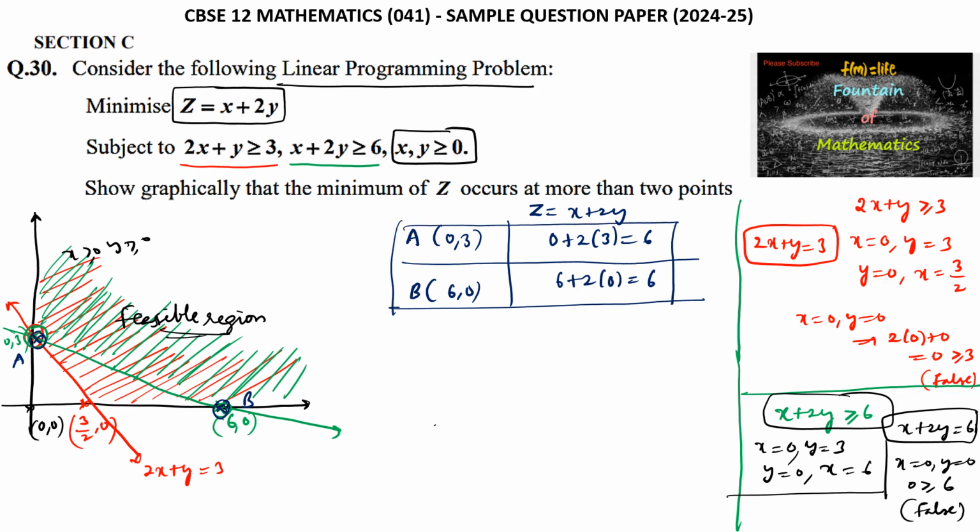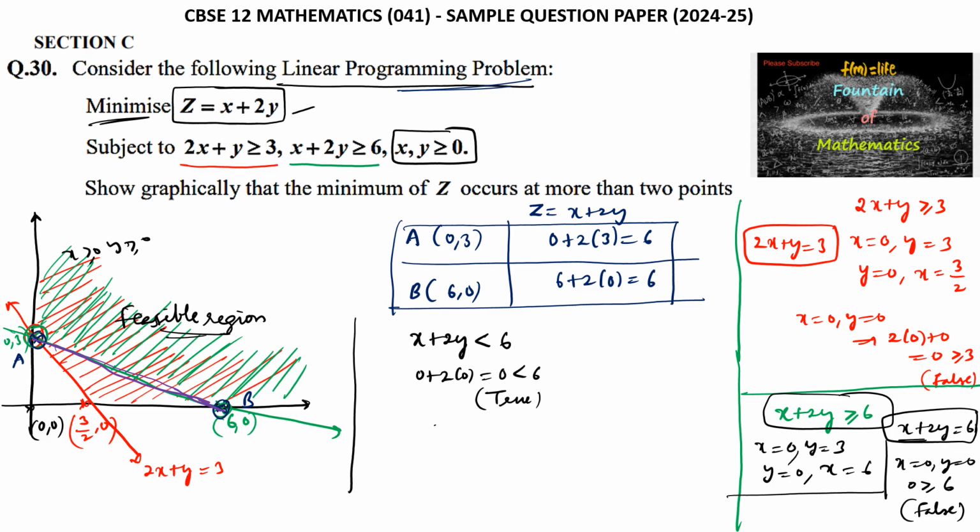Also, now we need to decide whether this linear programming problem, LPP, has the minimum value or not. By taking the inequality from the profit function, that is x plus 2y, since we require minimum, we take less than 6. x plus 2y less than 6, which is our second line equation. x plus 2y is equal to 6 represents this line joining A and B. Clearly we can see that less than 6 is satisfied by the origin. 0 plus 2 into 0, which is 0, is less than 6, true.